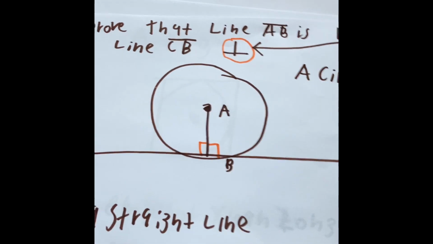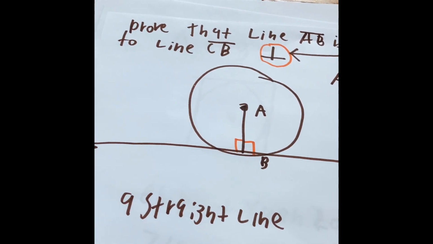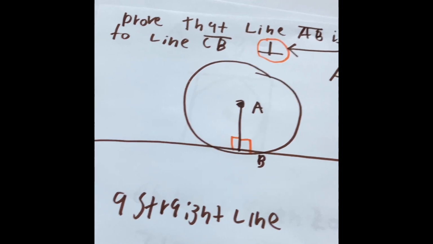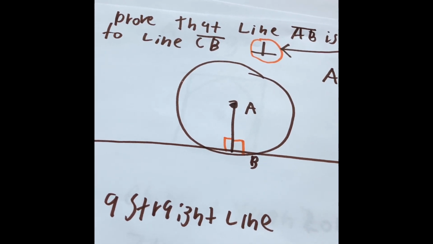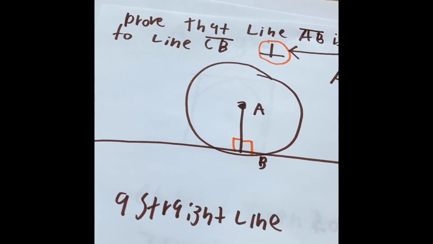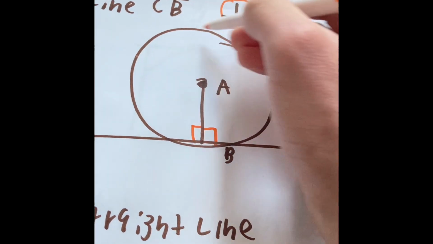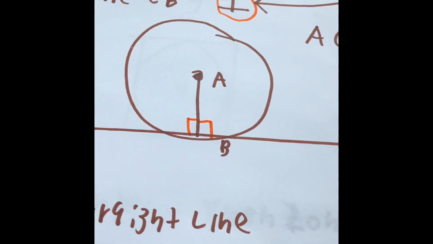If you look at a photo, that's great, but sometimes when you're working on a math problem, that photo might be false. So we gotta prove why this happens. So the first thing we gotta recognize is that the circle is intersecting the line.